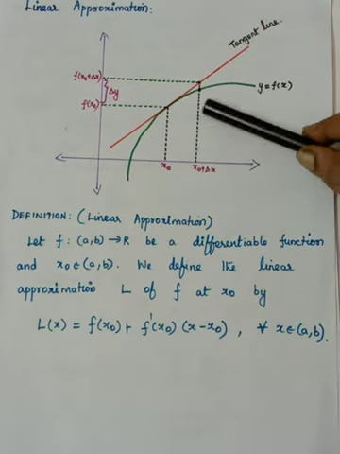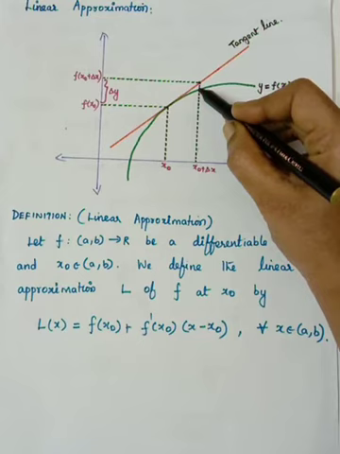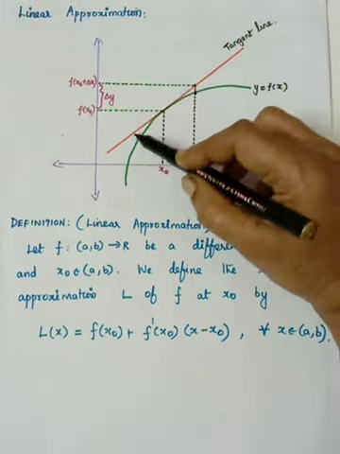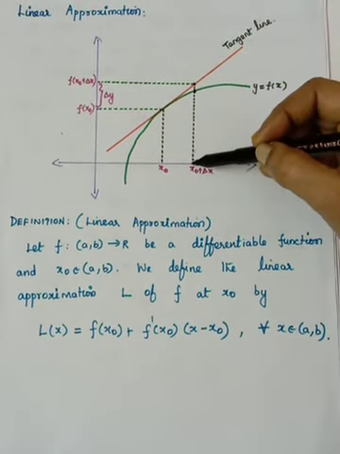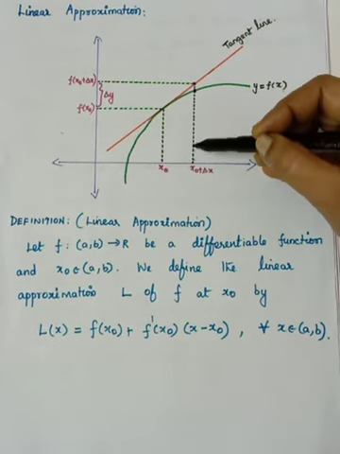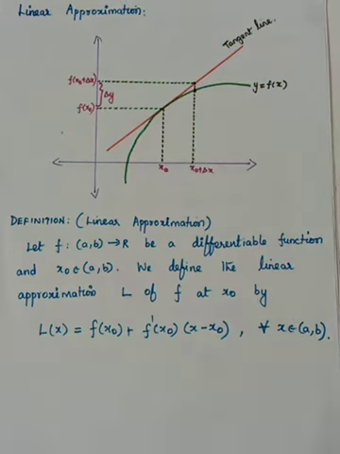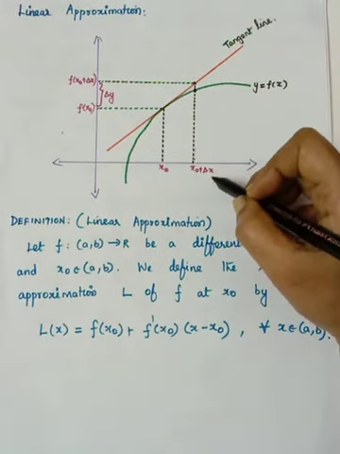Here this vertical distance touches this point on the green curve and this point on the tangent line. So you see that starting from here to this point, this vertical distance is nothing but the actual change in y at x naught plus del x.